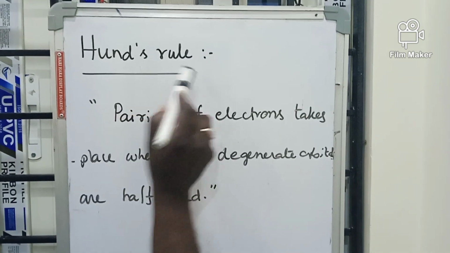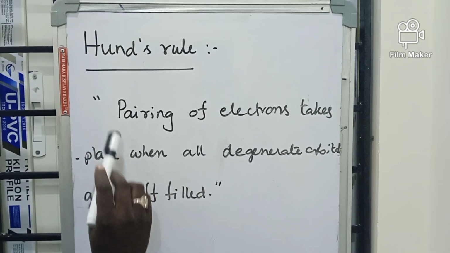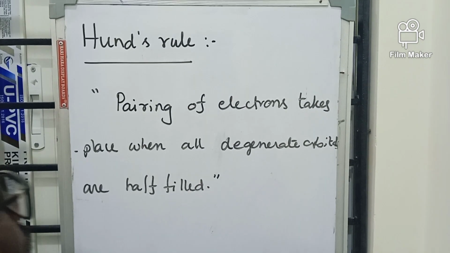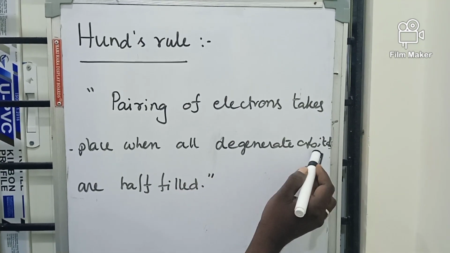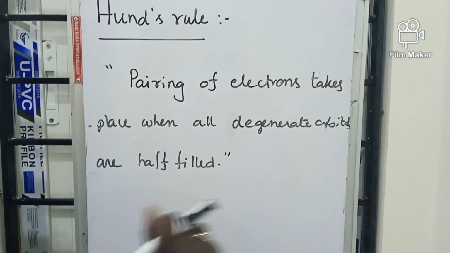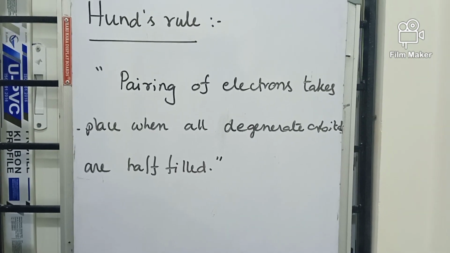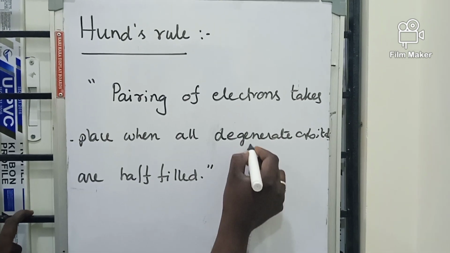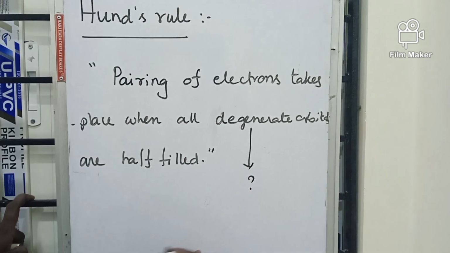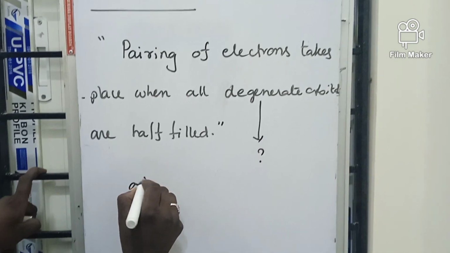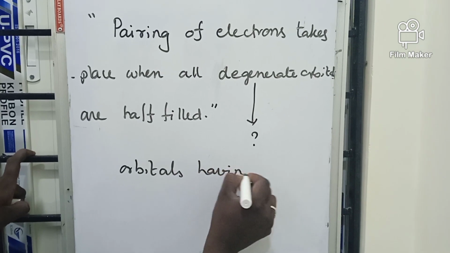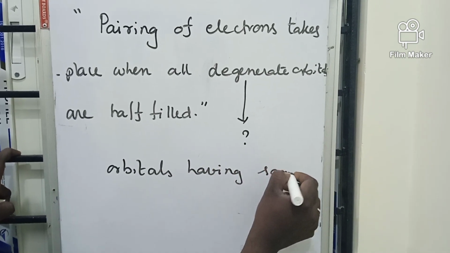Next, Hund's rule. Hund's rule states that pairing of electrons takes place when all degenerate orbitals are half filled, or filled by one electron. So what are degenerate orbitals? Degenerate orbitals means orbitals having the same energy.